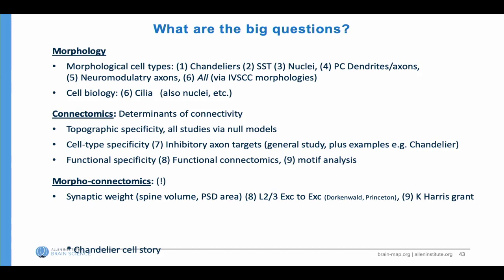And a wonderful thing is we're writing a grant right now with Kristen Harris, who wrote the classic papers on the relationship between synaptic weight and the morphology under EM, to calibrate both the synaptic weight and the recent plastic history. They're morphological signs of recent plasticity.